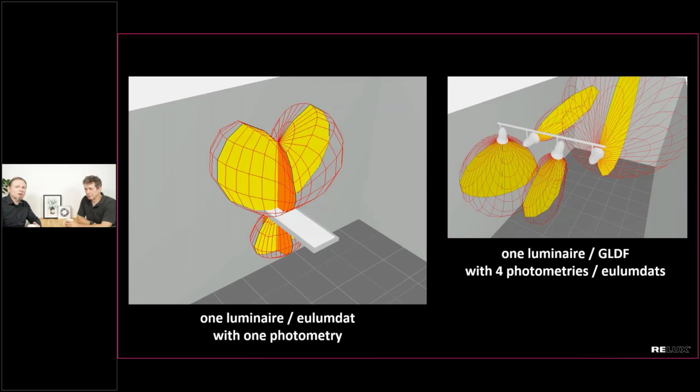But if we're talking about photometrics, we're talking about this three-dimensional little red net around the luminaire. This is the light distribution, the light exposure, the direction where the light is going to. And this is something which is expressed in a photometrical data file, for example, Oilumdat.